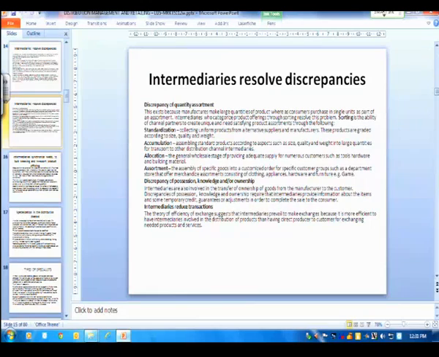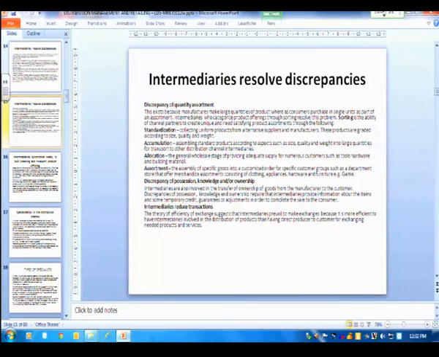Intermediaries resolve discrepancies, continued. Next heading, discrepancy of quantity assortment. What is the discrepancy of quantity assortment? This exists because manufacturers make large quantities of products, whereas consumers purchase in single units as part of an assortment.